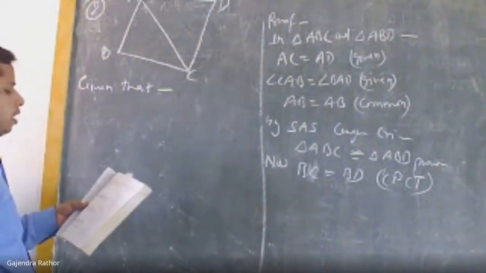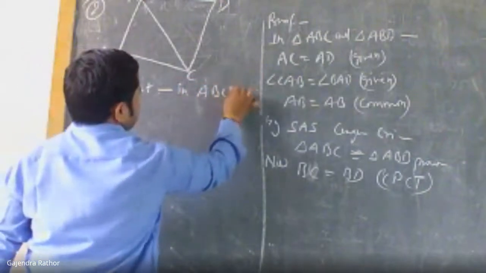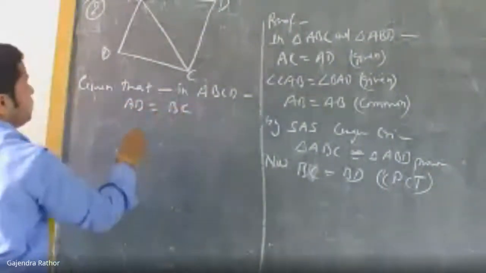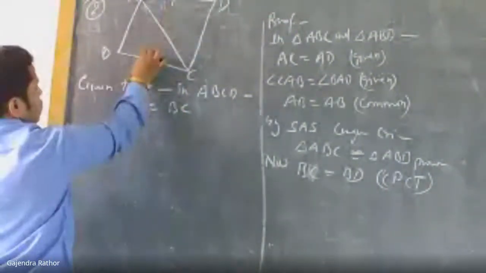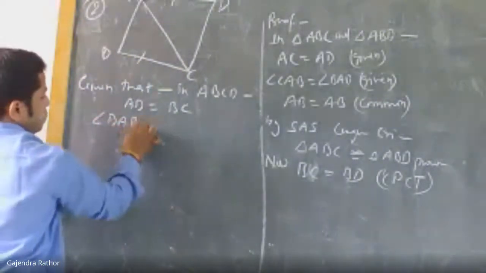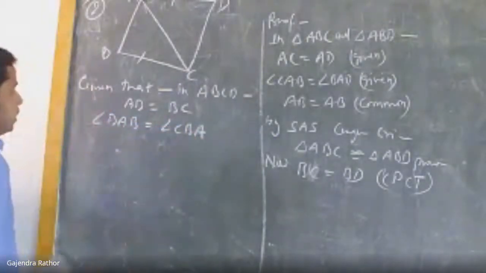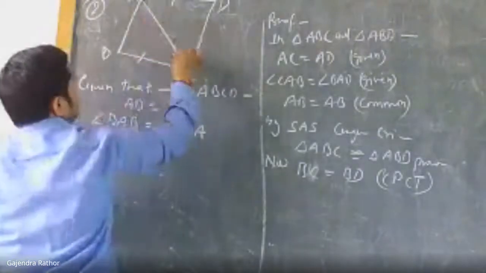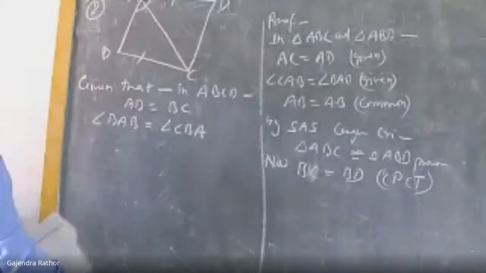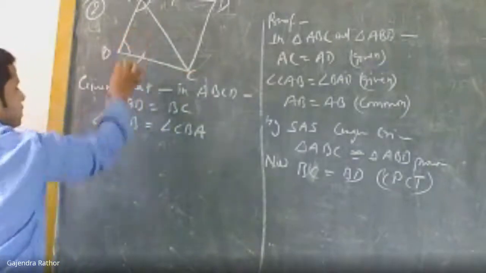ABCD is a quadrilateral in which AD is equal to BC. So we can write in ABCD, AD is equal to BC, meaning this side is equal to this side, and angle DAB is equal to angle CBA. Where is angle DAB? This angle will be equal to angle CBA.